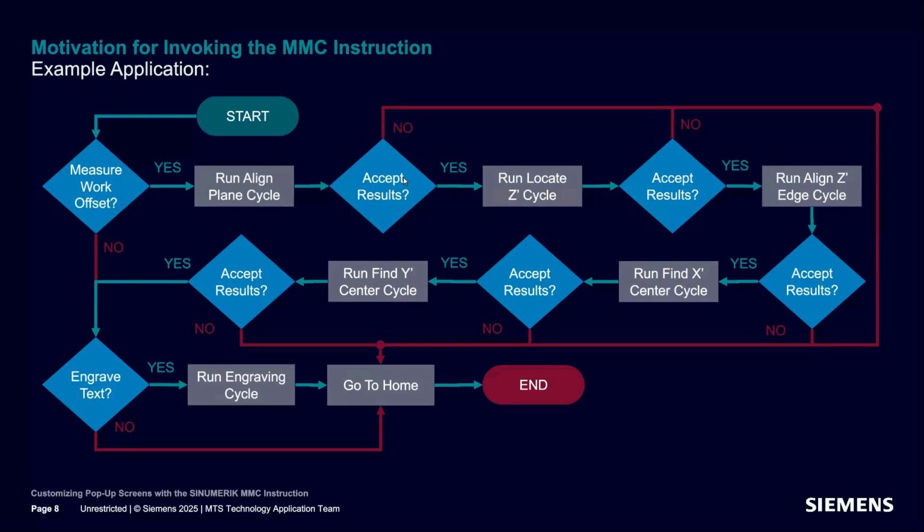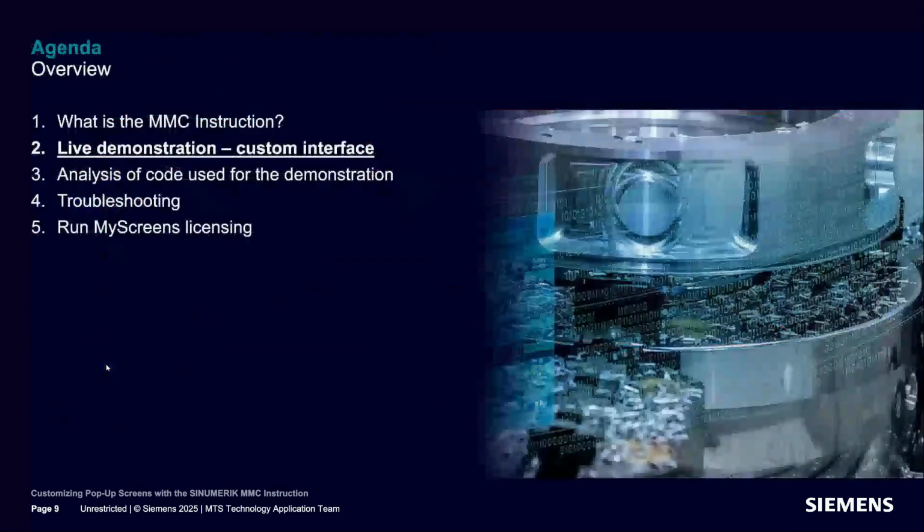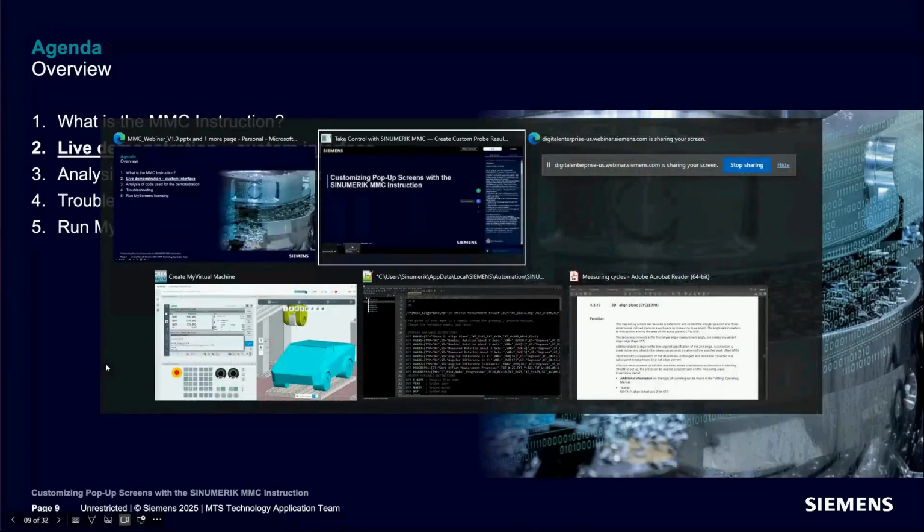And if we accept, we'll continue on this path all the way until we get to the prompt here, indicating whether we want to engrave the text or not. Now, if we have already qualified the work offset, then we can skip that step and go straight to engraving text. All right, so now that we have an understanding of how this application is going to work, let's take a look at it.